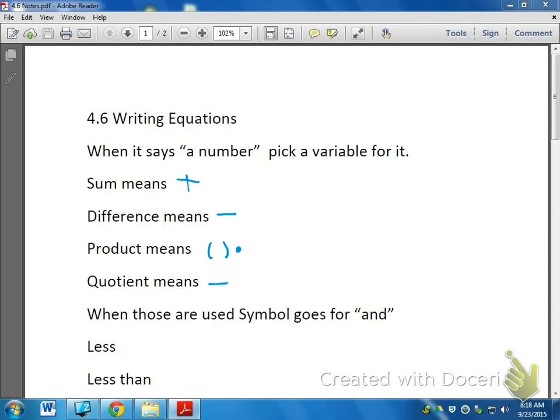One thing I want to point out, when those are used, the symbol goes for the word and. Here's what I mean. If it says the sum of a number and 7, the number would be a variable and the word and is where you put the operation.